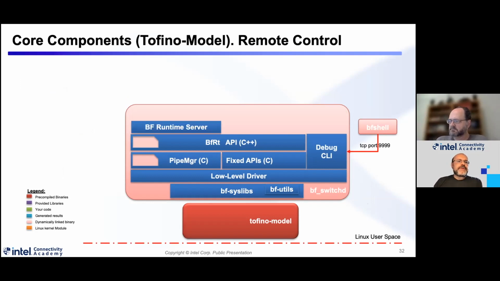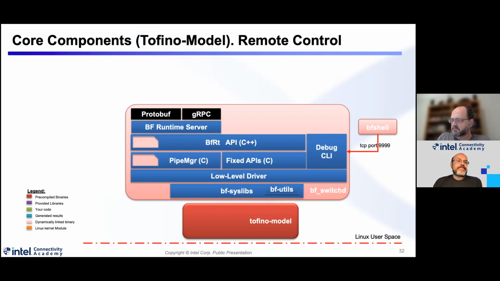So the BF Runtime server sits on top of our locally callable BFRT APIs and uses protobuf library, I guess, to serialize arbitrarily complex messages, and gRPC to be able to send and receive those messages and communicate with the clients. And because of that, the clients can be run as completely separate processes, or can also be run on a separate machine if desired.